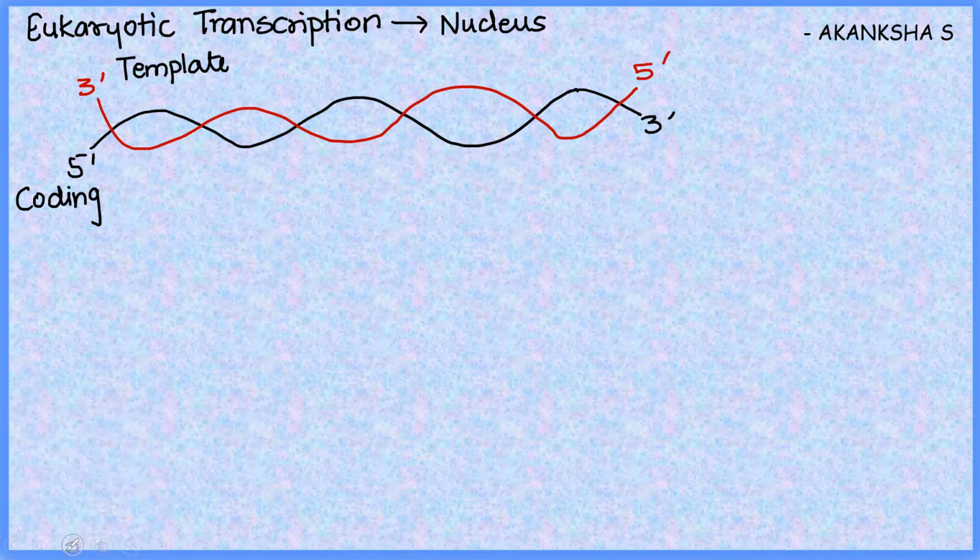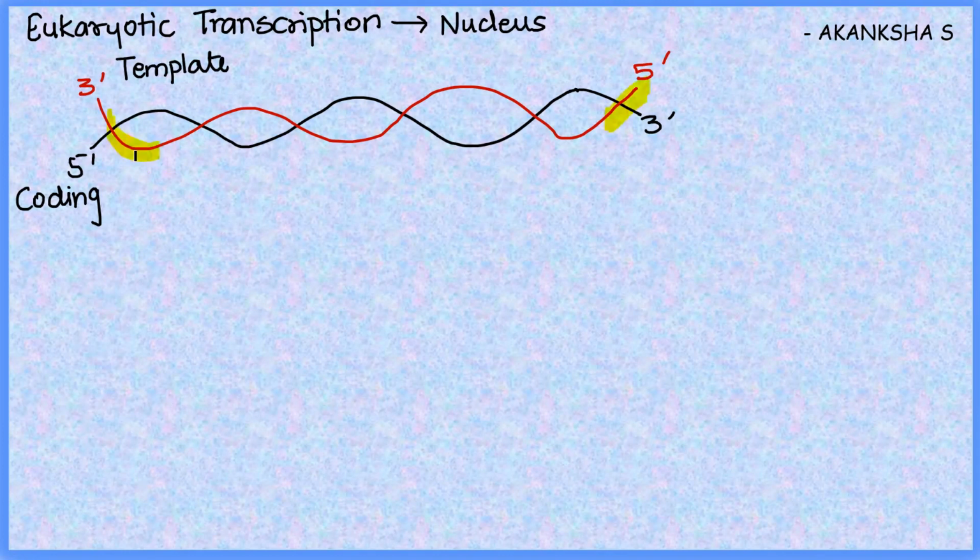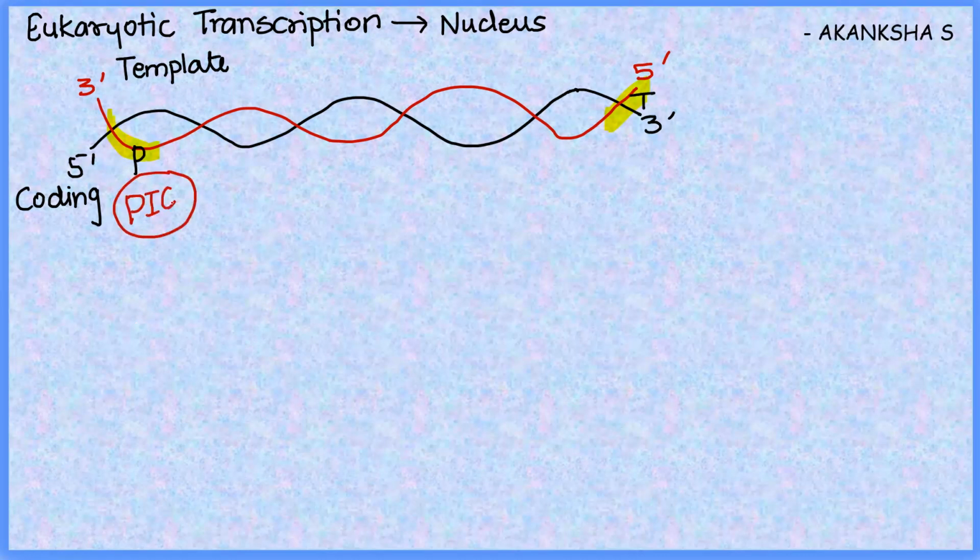Over here, we will be having a promoter region and a terminator region, correct? So we would be having a promoter over here, and we would be having a terminator over here. Now, to the promoter, there are certain factors called PIC.